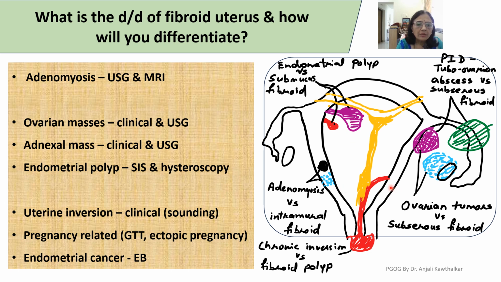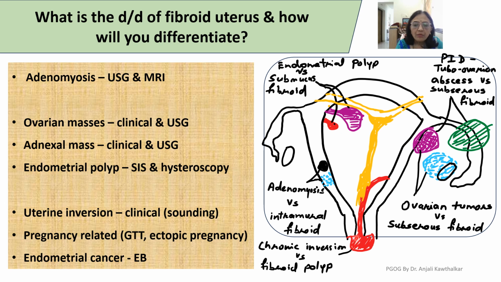Now, whenever there is a pedunculated submucous fibroid, and if it is coming out of the cervix in the vagina, in that case, it is sometimes difficult to differentiate it from chronic inversion. In chronic inversion, also the fundus is getting drawn out. So chronic inversion and a pedunculated submucous fibroid, fibroid polyp, sometimes can be difficult to differentiate.